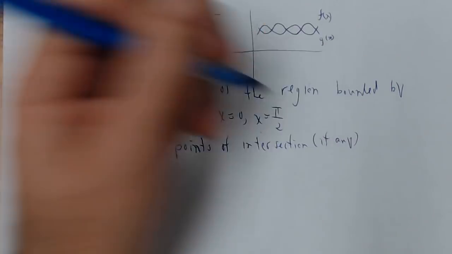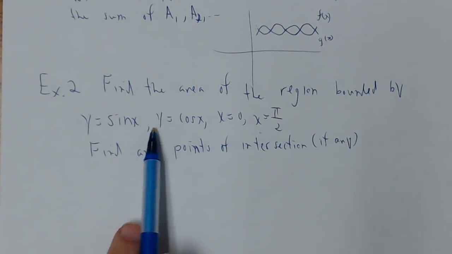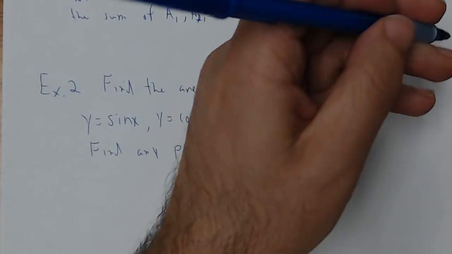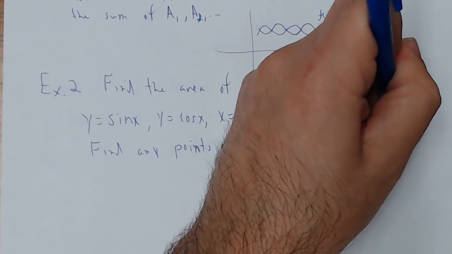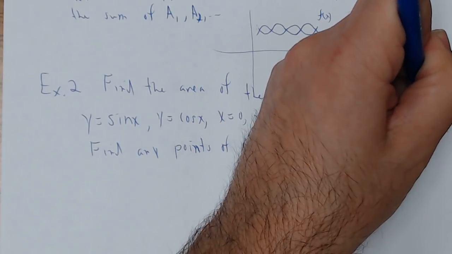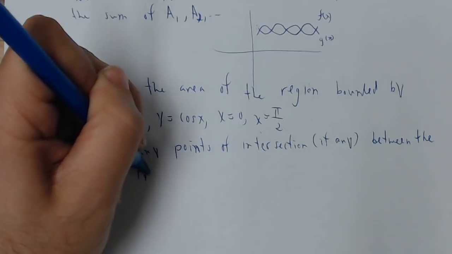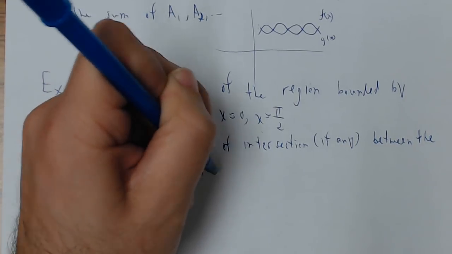We may not have it. So if these guys don't intersect each other between 0 and pi over 2, then what does that mean? One is always going to be above the other, okay? So we're going to say between the curves from 0 to pi over 2.